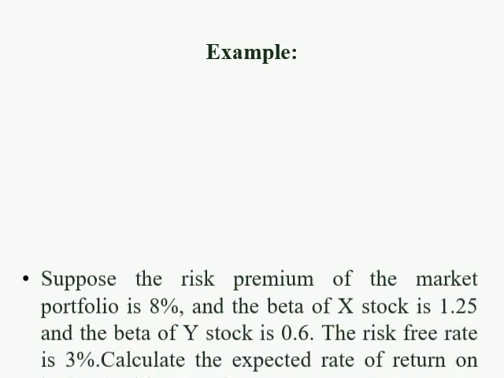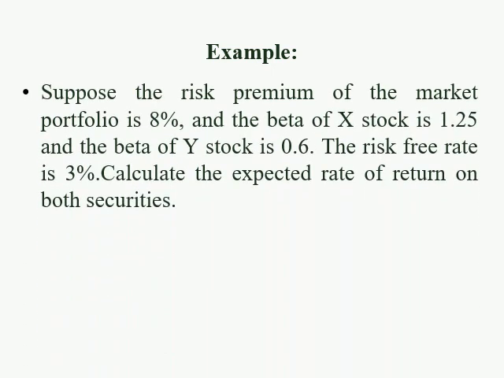And here an example. Suppose the risk premium of the market, RM minus RF, is equal to 8%, and beta of stock X is 1.25, and beta of stock Y is equal to 0.6. The risk-free rate RF equals 3%. Calculate the expected rate of return on both securities.